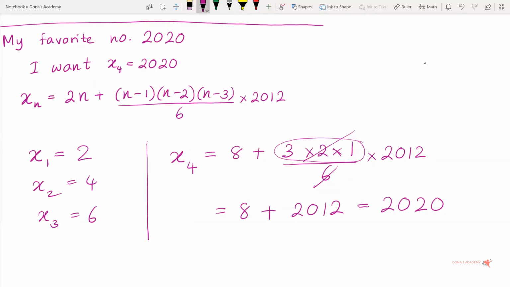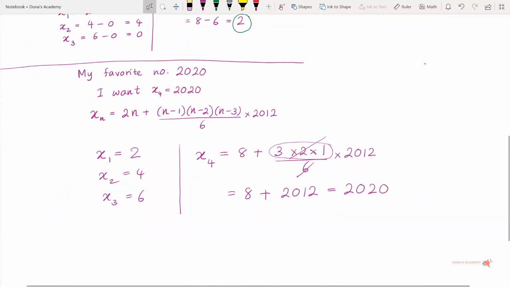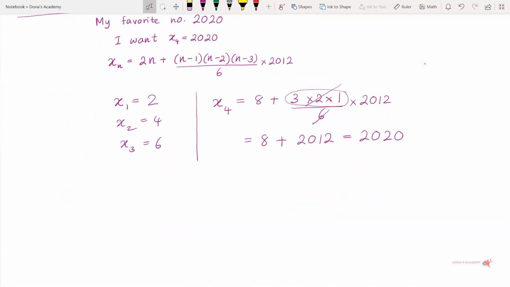Okay. See how many possibilities we have? Indeed, there are infinitely many possibilities. So we can get any number for x4, still keeping the first three terms as 2, 4, and 6. So I wanted to get not only 2020.